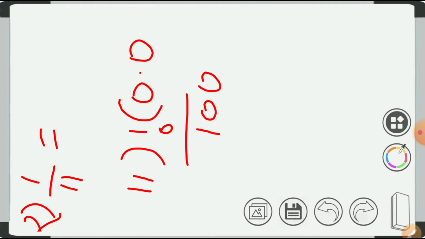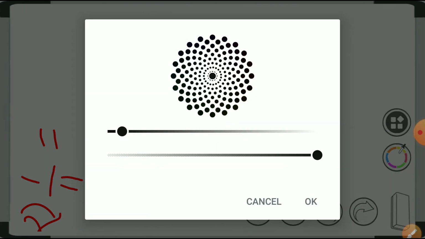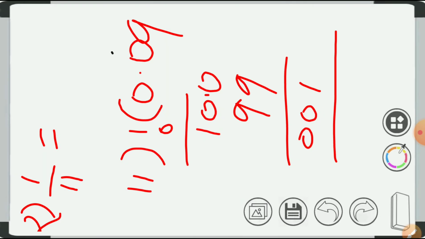Okay, put 0 and take 0. Next 11 nines are 99. You borrow 1, 10. 10 minus 9, 1. 9 minus 9, 0, and 0 as it is. Here your remainder and dividend are the same. That's why you can stop here. If your dividend and remainder are the same, you can stop and put the bar line over these two numbers, 0 and 9.